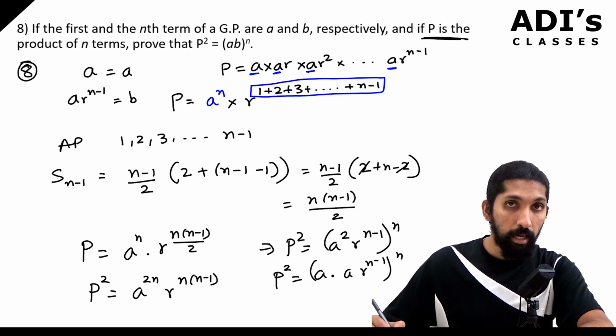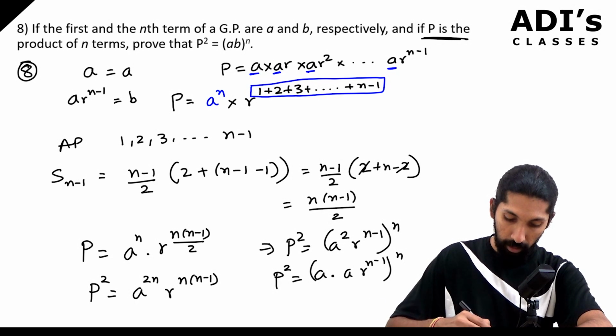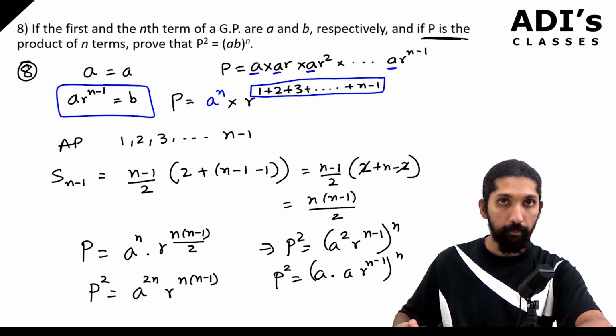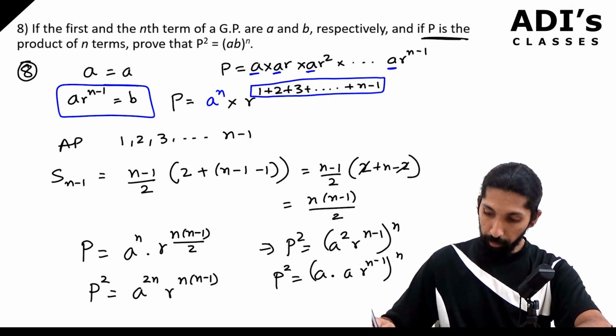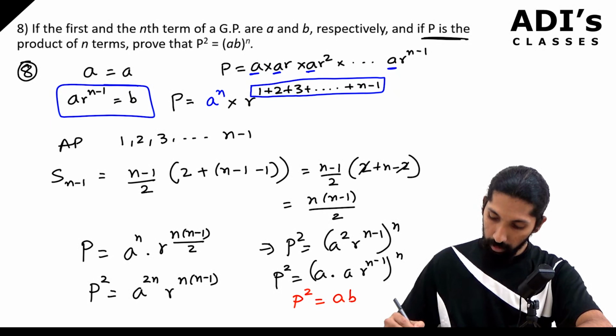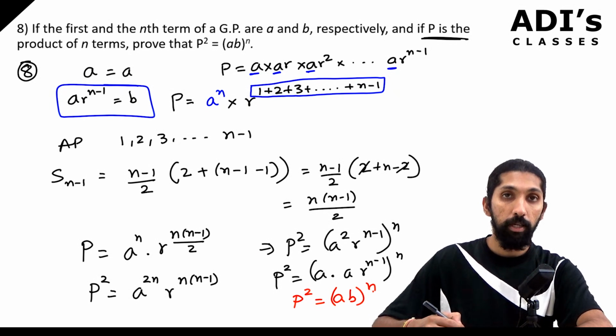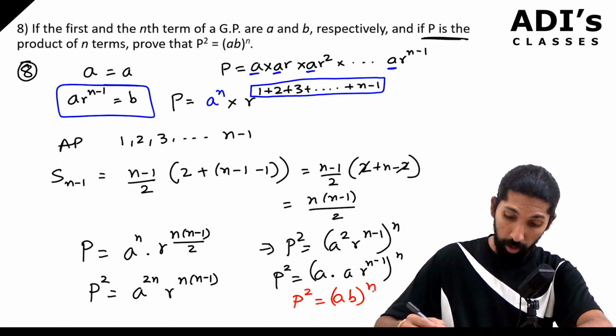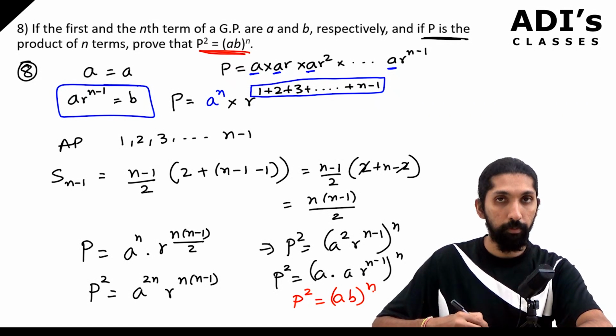But what is a r to the power n minus 1? Look at this, a r power n minus 1 is b. So we can write p square is equal to ab whole power n, which is nothing but what we are trying to prove.